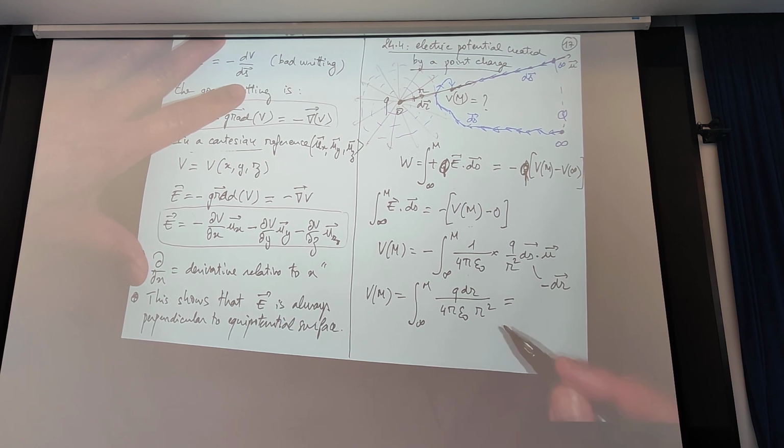The integration of 1 over r squared gives minus, Q over 4 pi epsilon 0 r.